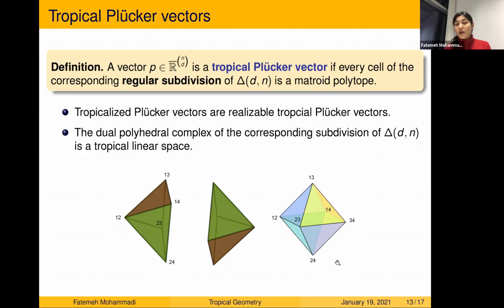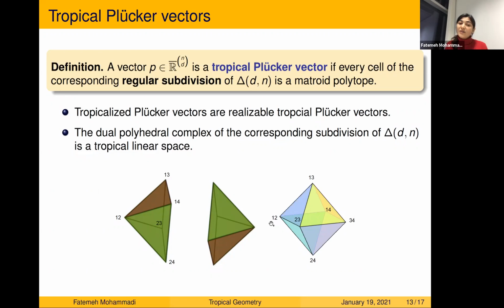And I'm going to look at different subdivisions of this polytope, different ways that I can subdivide this polytope into finitely many polytopes like this one. I have subdivided it in the square, so I have two smaller polytopes. And then if you see, each of them is actually a matroid polytope. The first one was a matroid polytope that had only one circuit of size 2, namely 3,4, and the other one is also similar.